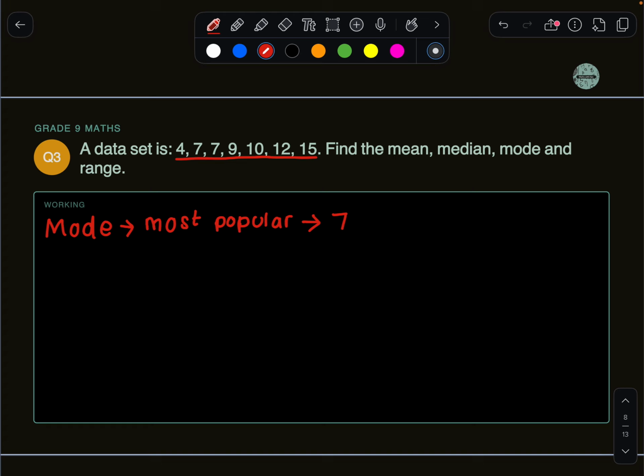Your mean is also your average. And how we work that out is it's always the total divided by how many.